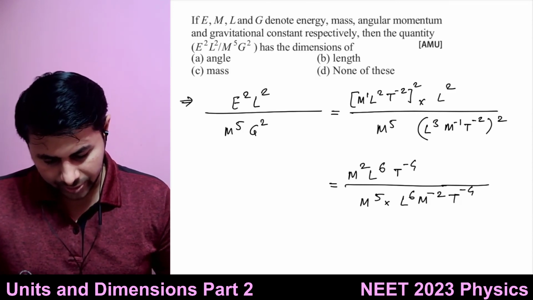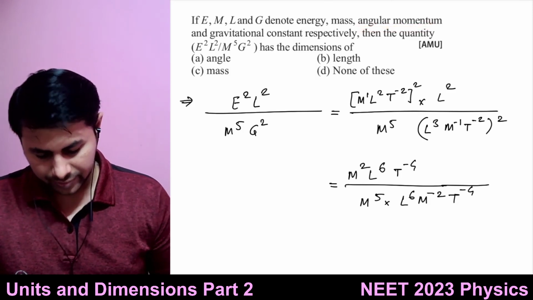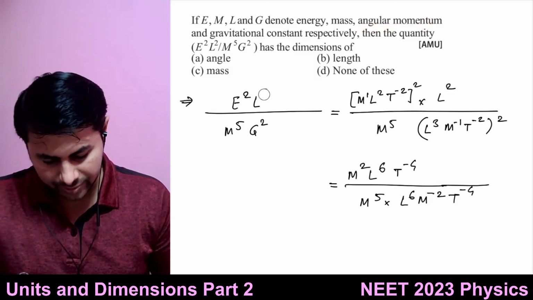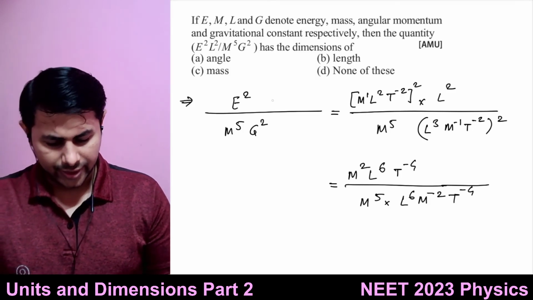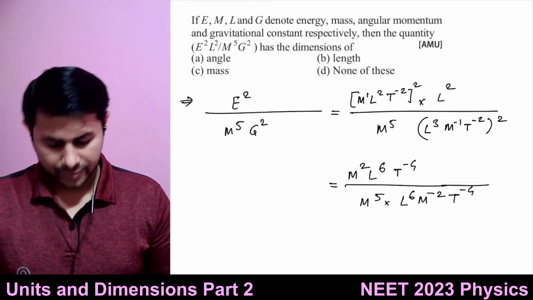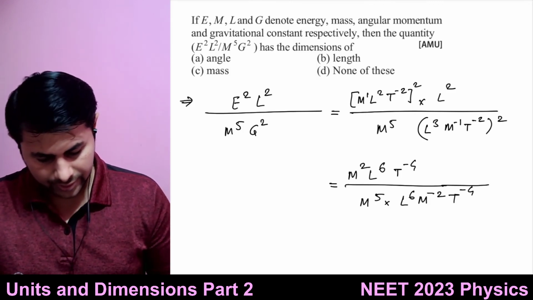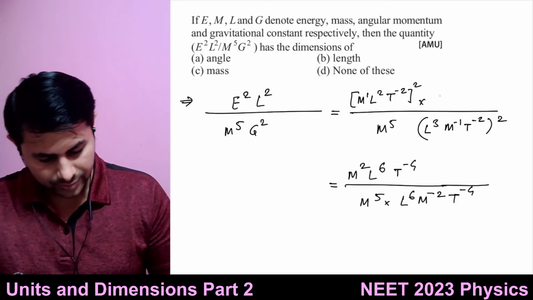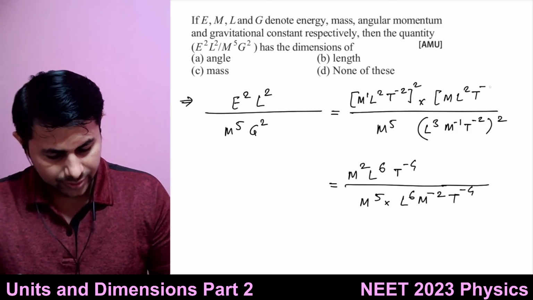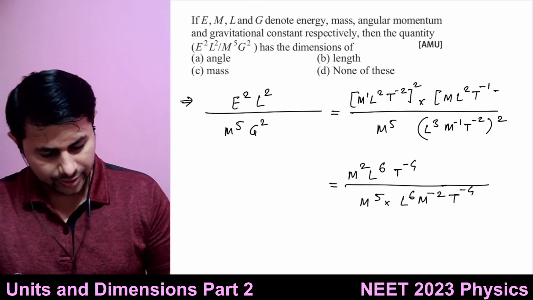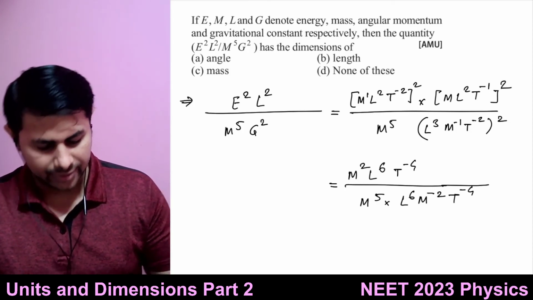They said angular momentum, right? So I thought it is length. Yes, sir. Okay, so angular momentum is mvr. M L square t power minus 1. The Planck's constant and angular momentum have the same dimensions. Oh, I made a mistake. Sorry.